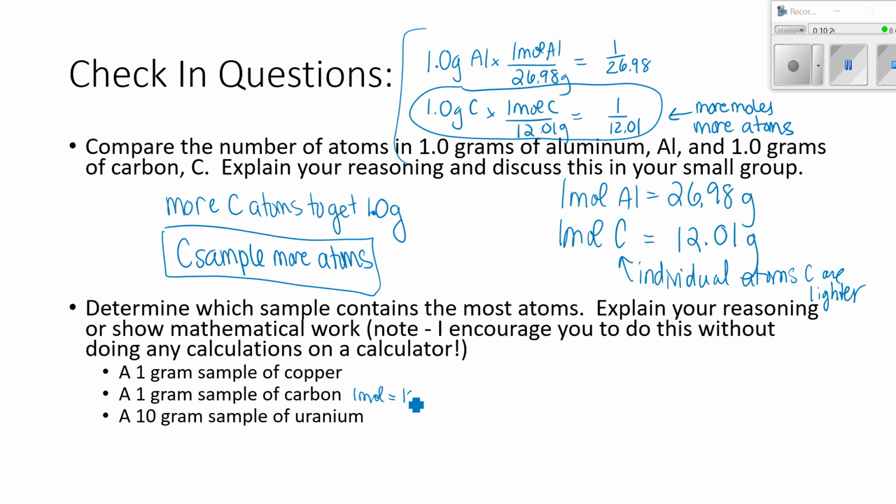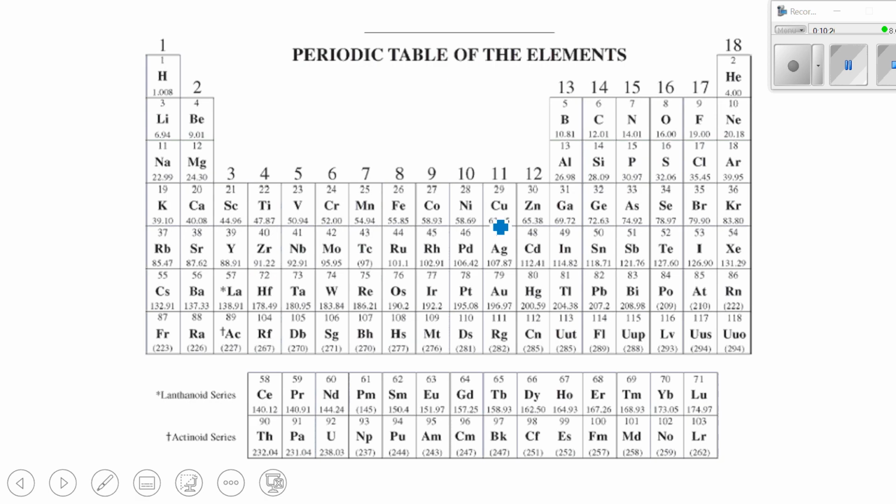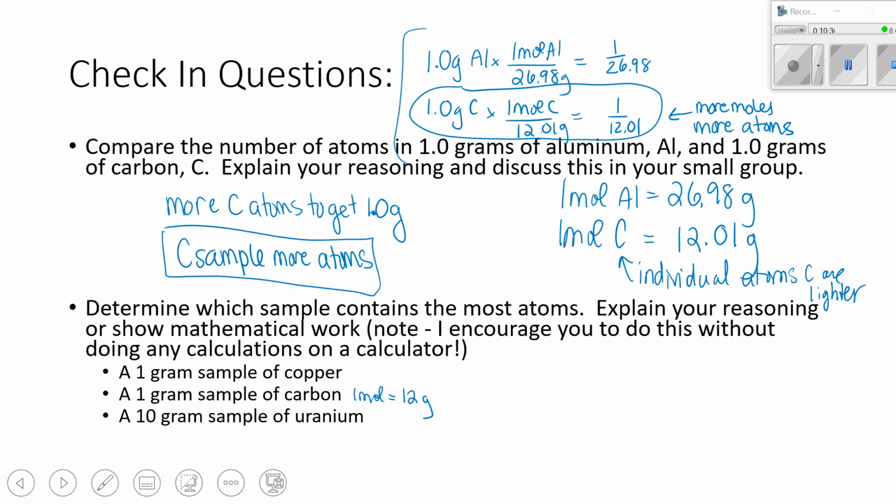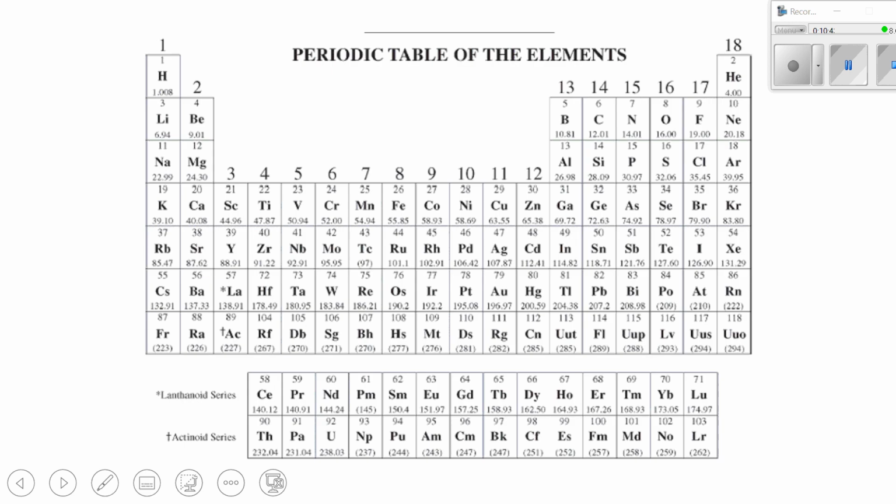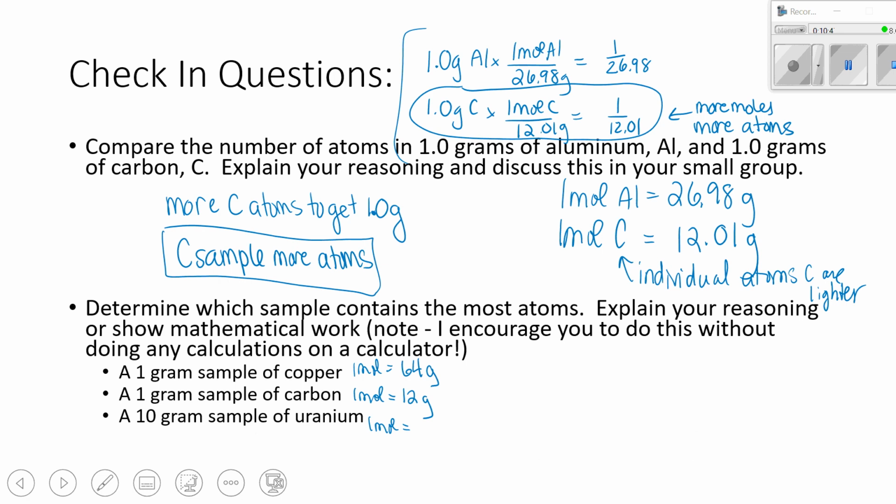I'm just going to write them to 2 sig figs for the sake of this one. 1 mole of carbon is 12 grams. If you look at your periodic table, 1 mole of copper is 63.55. I'm just going to round that to 64 because this isn't a very sig fig intensive question. And then here, uranium, that is the element U. Uranium over here, 238.